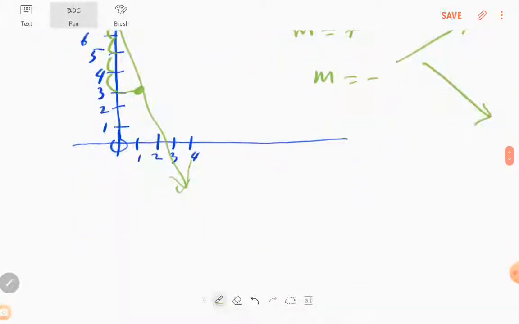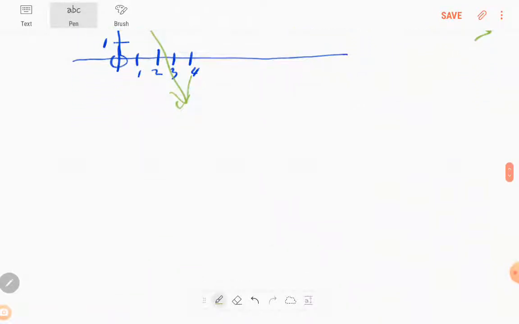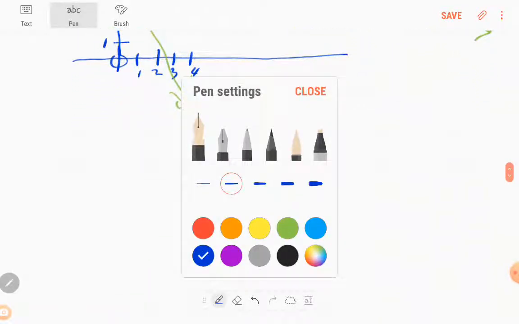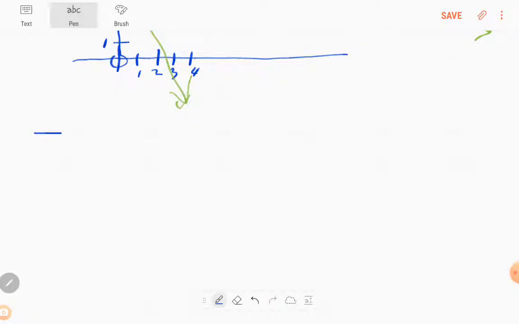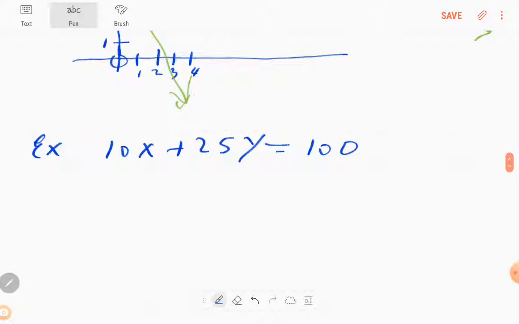Okay, let's look at another example. In this example, we have 10x plus 25y is equal to 100. Here we'll have to solve for y before we can identify the slope and the y-intercept. So solving for y, we subtract 10x from both sides.